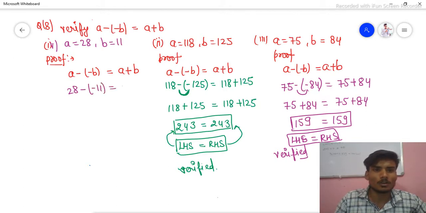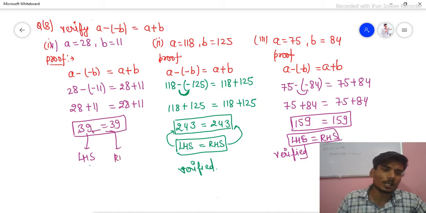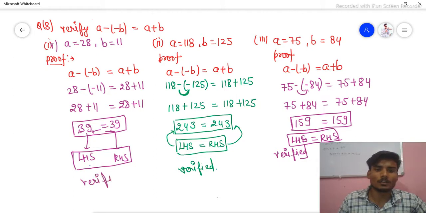So 28 minus minus 11 is 28 plus 11, that will be 39 equals 39. The side before the equal sign is called the left hand side, and the side after the equal sign is called the right hand side. So the left hand side is equal to the right hand side, so this is also verified.